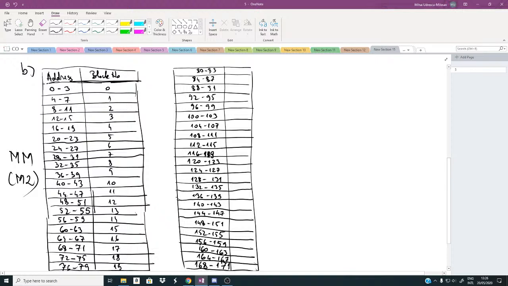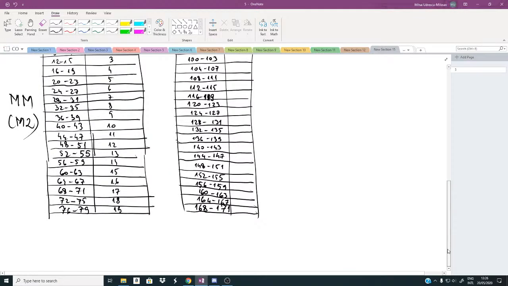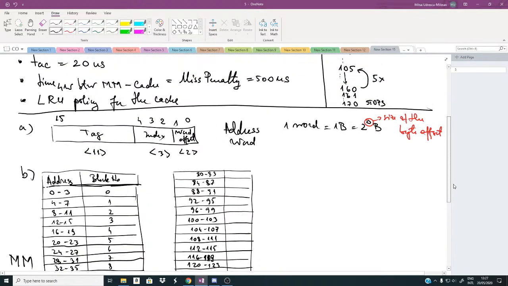And here we stop because the address of the last instruction is 170.